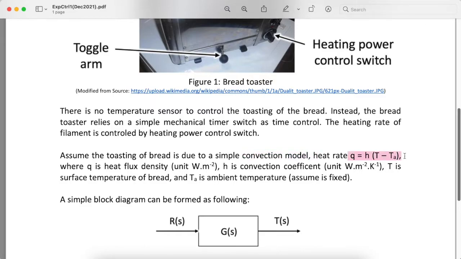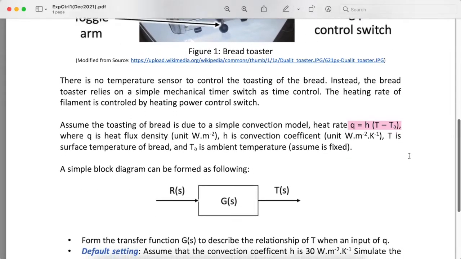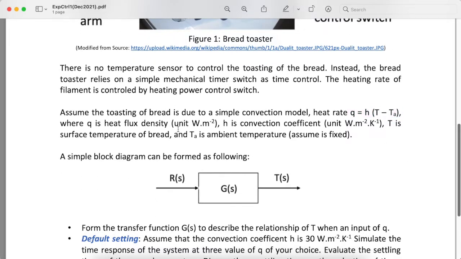So this is a typical convection model, where the heat rate, or the heat flux density, with the unit watt per meter square, should be equal to the convection coefficient, H itself, multiplied by the temperature difference.